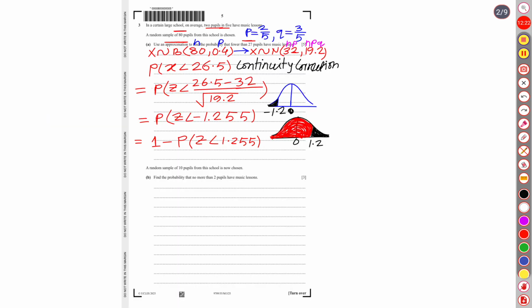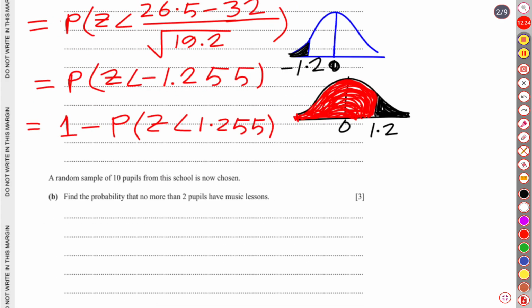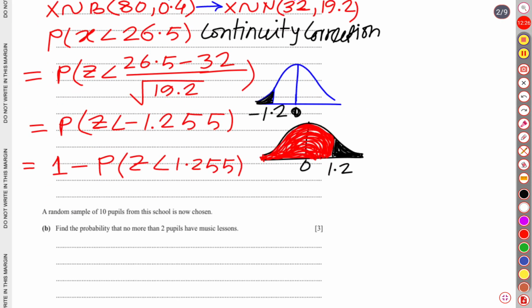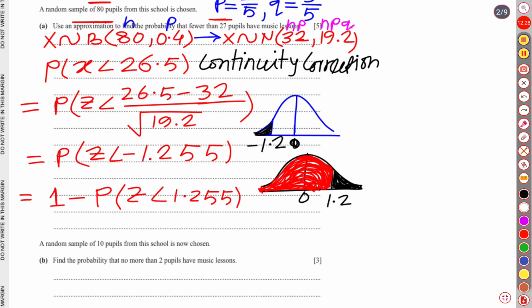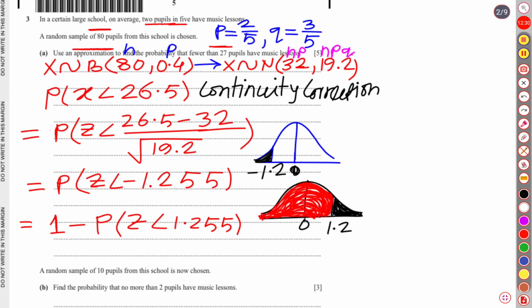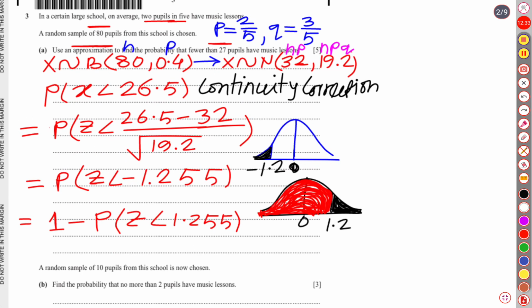Let me show you the whole solution together: 1 minus 0.8953.